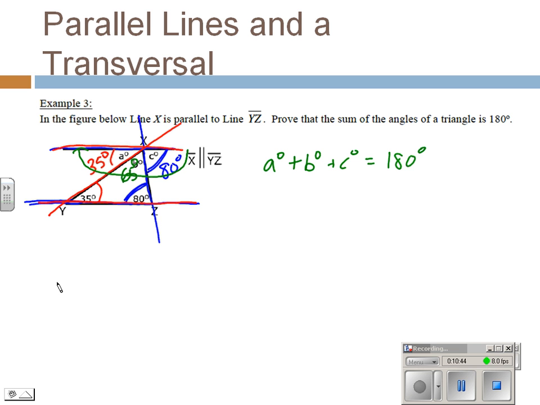So the measure of angle B must be 65, because 35 plus 65 plus 80 gives us 180 degrees. So when you take the 65, the 80, and the 35, it equals 180. So we know that a triangle has to be made up of 180 degrees.